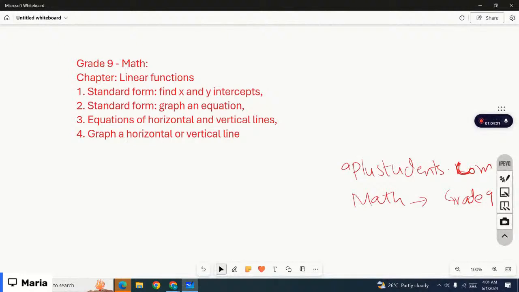We're going to start with the chapter linear function. The lessons we're going to cover today are standard form find x and y intercepts, standard form graph and equation, equations of horizontal and vertical lines, and graph a horizontal or vertical line.